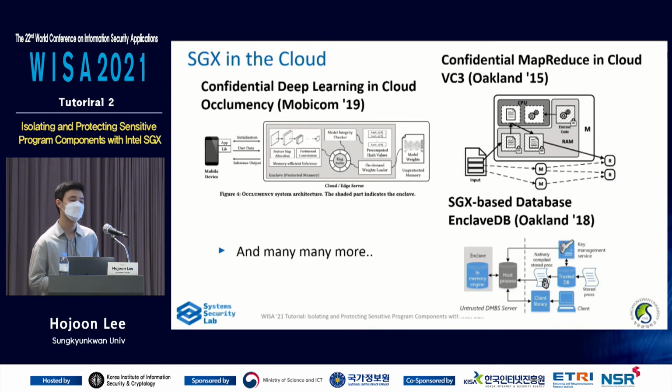One architectural limitation of SGX is that the memory is very limited. You have only 96 megabytes of memory in the current iteration, SGX version 1. So the authors found a way to break up the workload and enable ML training using SGX.